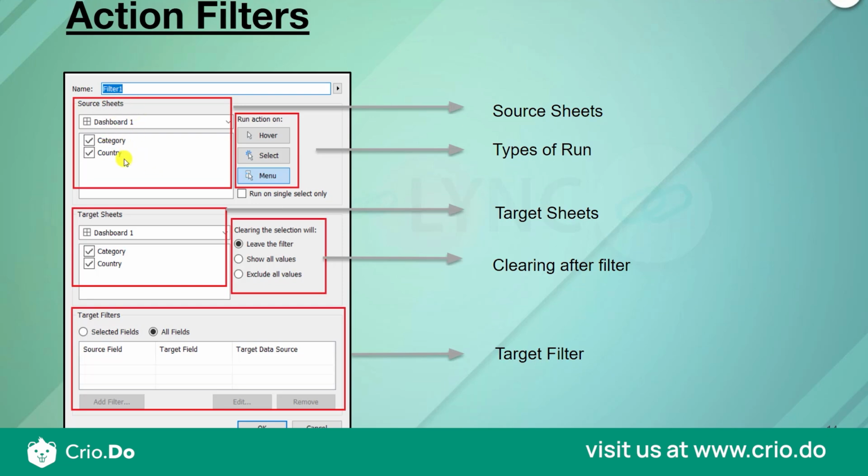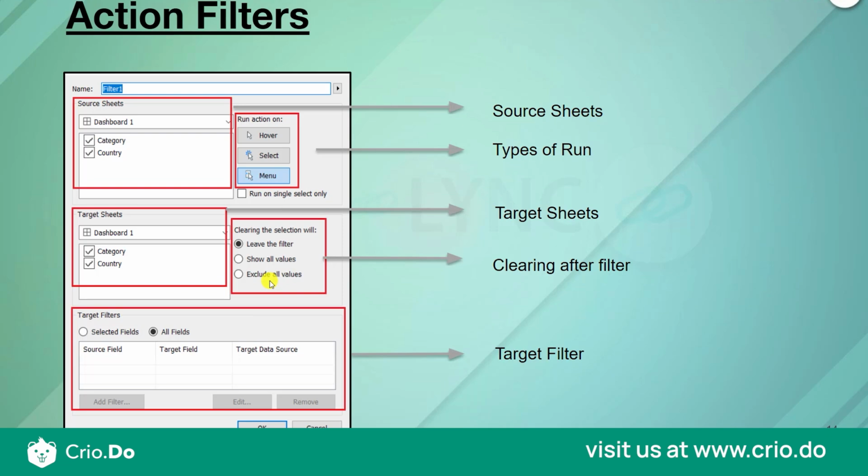By clicking on the source sheet, we'll go to the target sheet and we can use the filter that way. We have different kinds of actions: hover, select and menu. Whenever you click on the filter and whenever you undo it, what you are going to see is the option we have here: leave the filter, show all values or exclude all values.